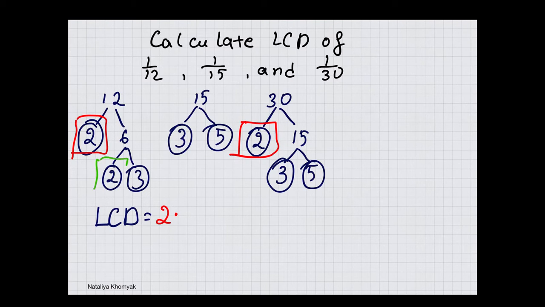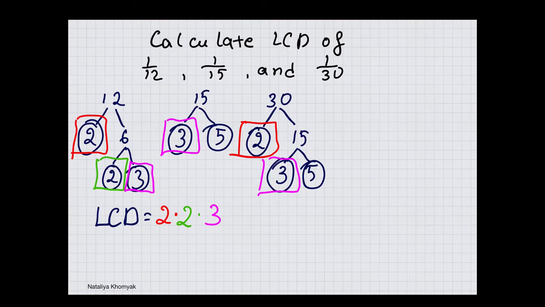We need another 2 to make a 12. Now there are no more repetitions of 2's, so we have 2. We need a 3 to make a 12. Now 12 has one 3, 15 has one 3, and 30 has one 3. So we counted all the repetitions just once.